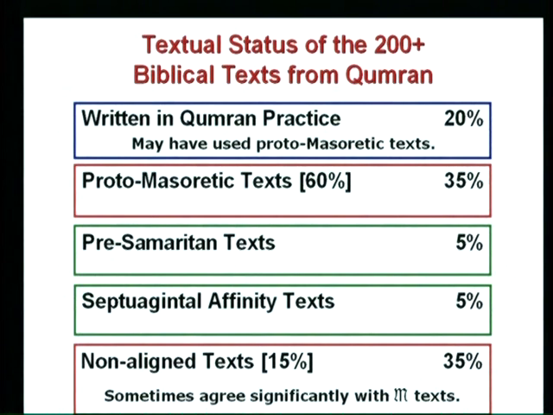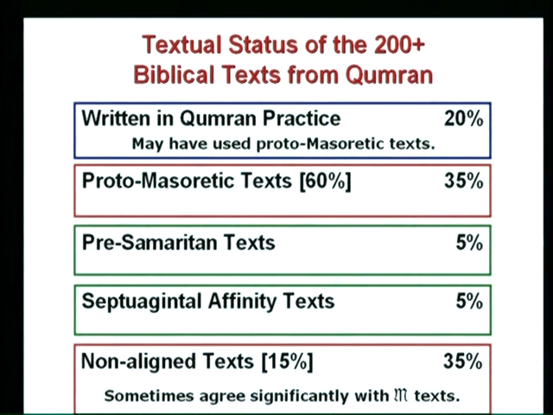So you can see the 20% increase there, and the 5% increase in the previous two accounts for the 25% difference in the second category. So what he's done is take 25% of the text and reclassify them so that 5% landed in the pre-Samaritan and Septuagintal affinity, distributed across those two categories, and the remaining 20% were assigned to the non-aligned text.